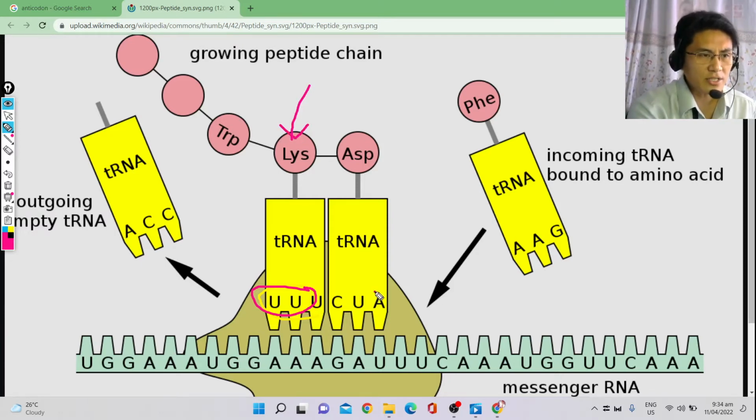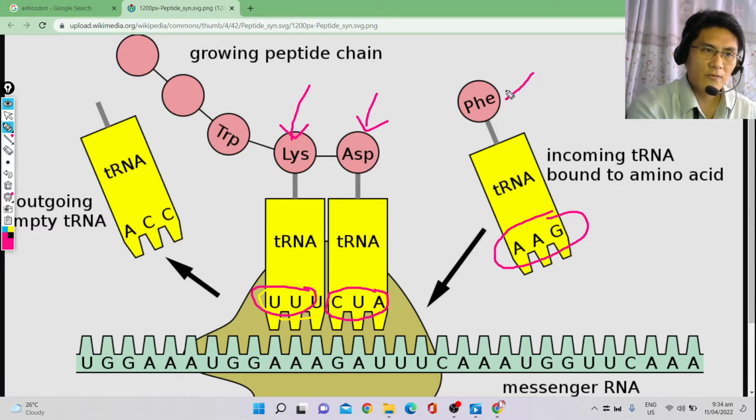The tRNA that has an anticodon CUA carries with it aspartic acid or asparagine, right? And then the tRNA that has an anticodon AAG carries with it phenylalanine, right? And in fact, you can see it here, the tRNA that has an anticodon ACC has the amino acid tryptophan.